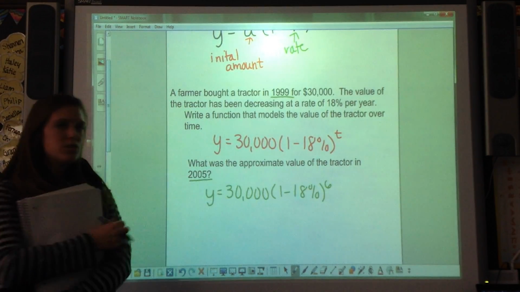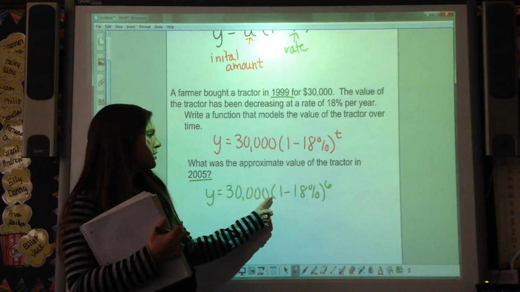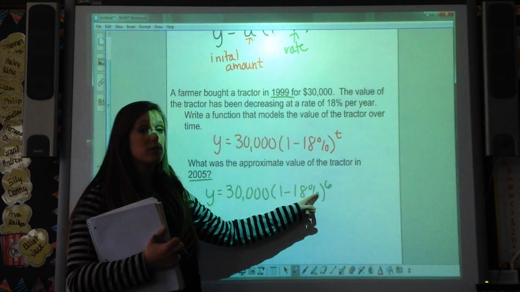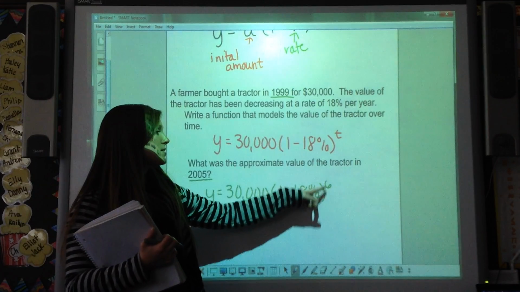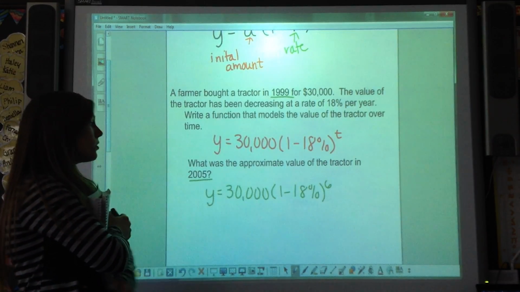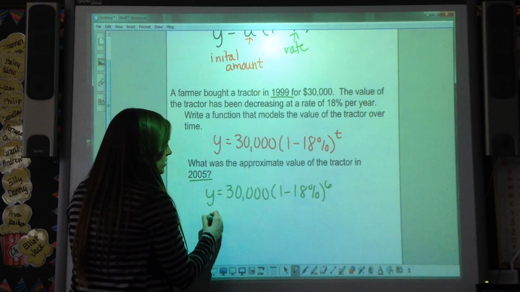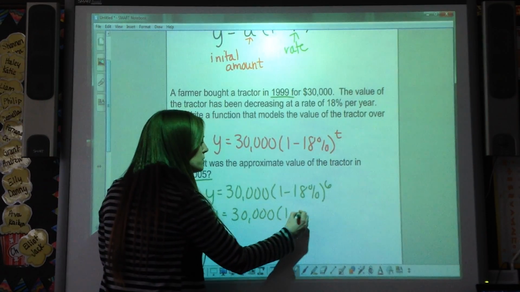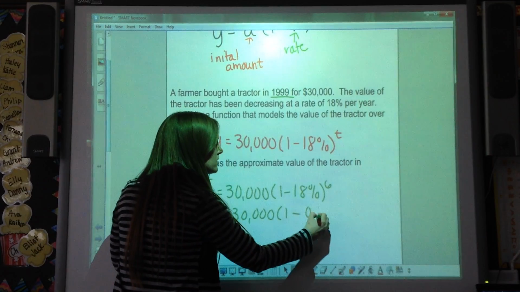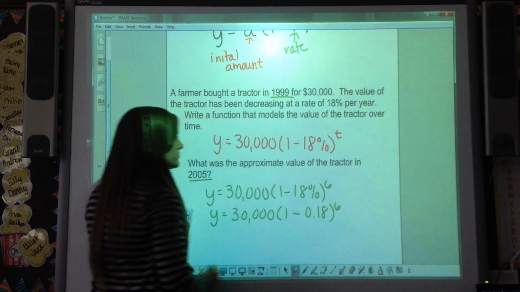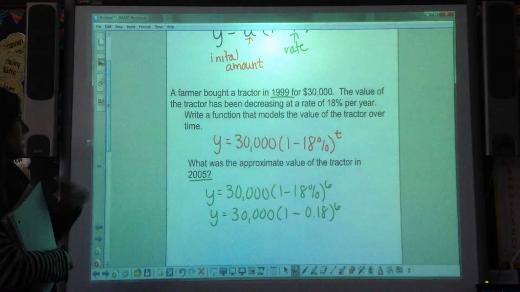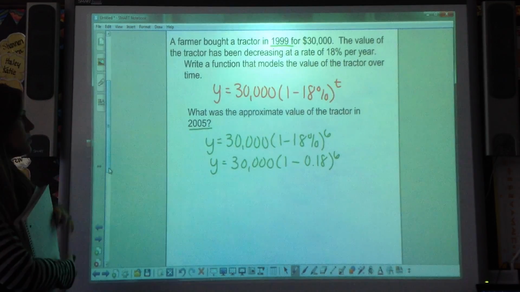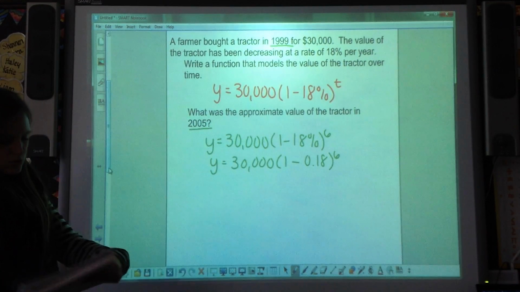You can plug this into the calculator exactly how you see it, 30,000, parenthesis 1 minus 18%, use a percent sign, parenthesis to the 6th power, or you need to convert this to a decimal. To convert 18% to a decimal, you need to move the decimal 2 places to the left. It doesn't tell us how to round, so you're going to want to round according to money.